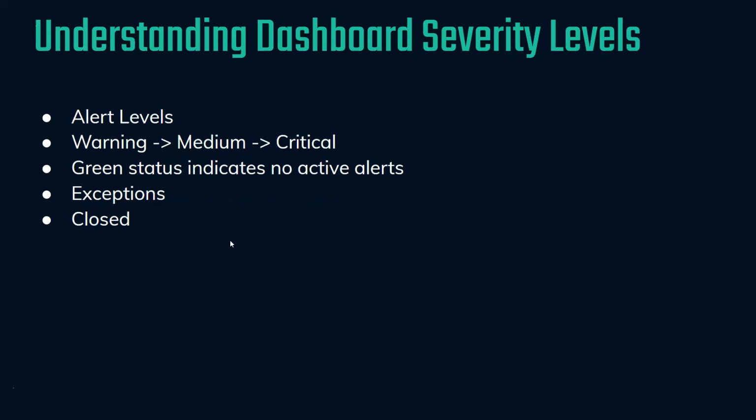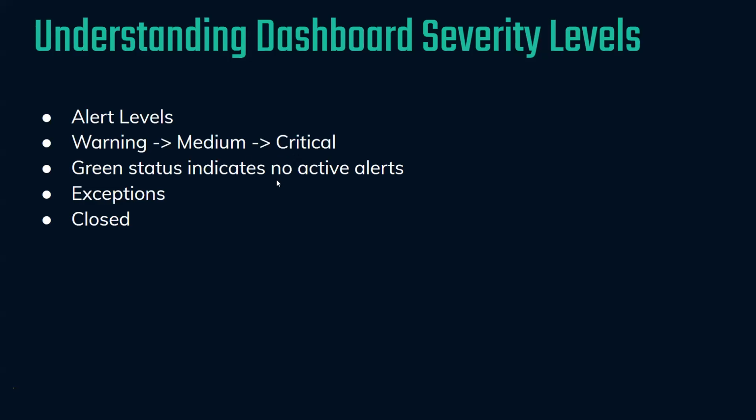Let's take a look at the kinds of things you're going to see. There are different alert levels, 3 different levels: warning, medium, critical, and we're just kind of arbitrarily assigning these different alerts to categories to help you understand what things you should know about versus what things must be fixed immediately.